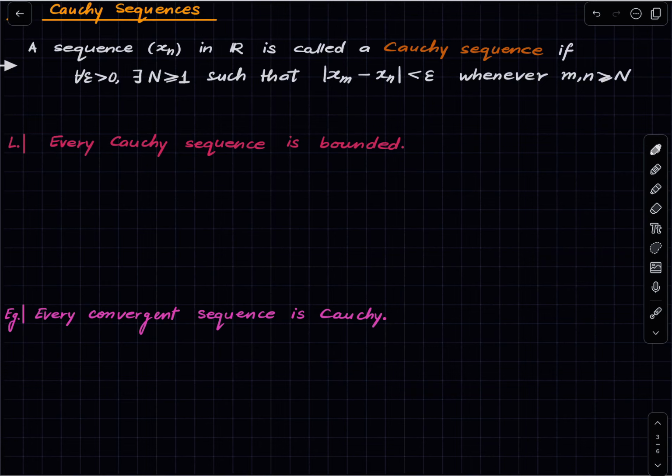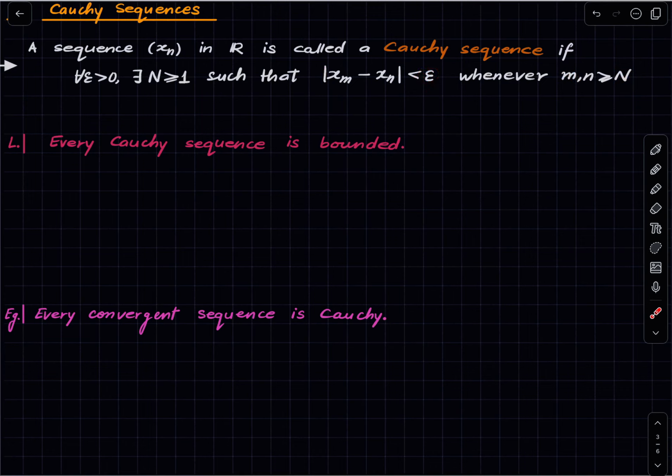So what is it trying to say? It's trying to say that you fix some tolerance level, then beyond a certain point, any two elements of the sequence are the same up to a tolerance of epsilon.